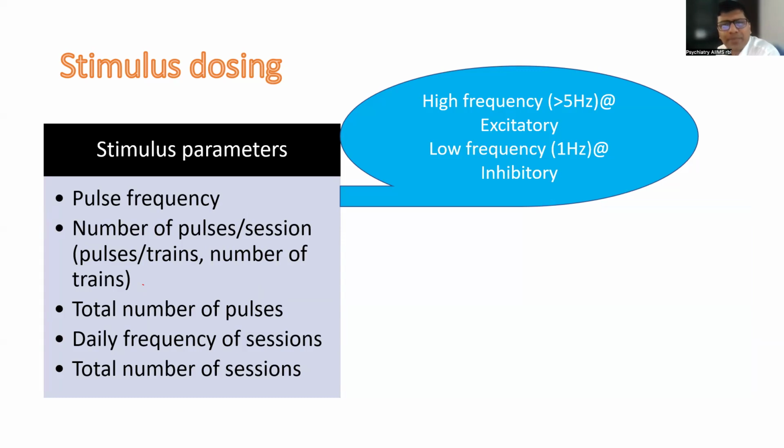Less than 5 hertz, mostly 1 hertz, 2 hertz and 0.5 hertz, are the three low frequency protocols commonly being used. 0.5 hertz means 1 pulse in every 2 seconds. Low frequency particularly targets the GABAergic neurons, producing an inhibitory effect, whereas high frequencies particularly stimulate the glutamatergic neurons, producing an excitatory effect.